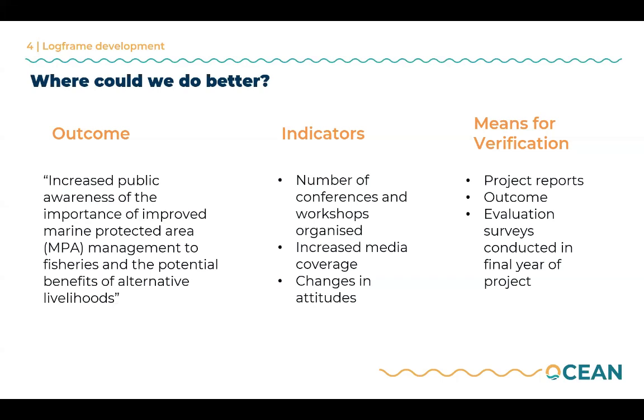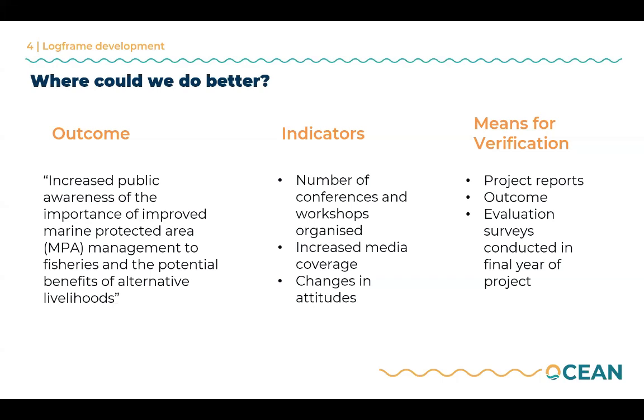Yeah, what is the expected change in attitude? Be more specific. Maybe the project report is useful, but not necessarily the strongest means of verification. Yeah, it's not really clear whether that's going to be objective as a source of evidence here.